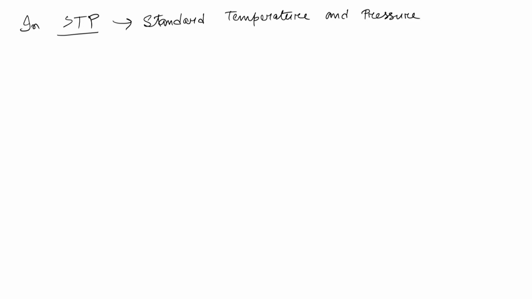Standard temperature and pressure is called STP. So, in this case, temperature is 273 Kelvin, that is 0 degree Celsius, and pressure is 1 bar. So, at 273 Kelvin and 1 bar, it is called STP, standard temperature and pressure.